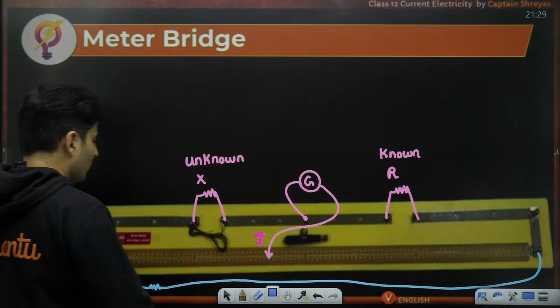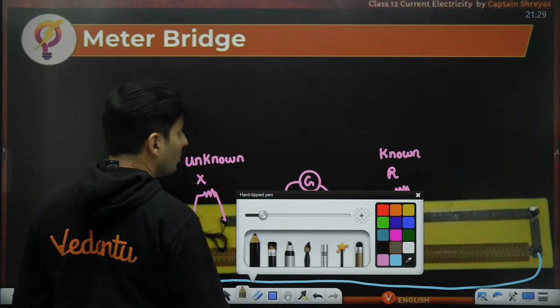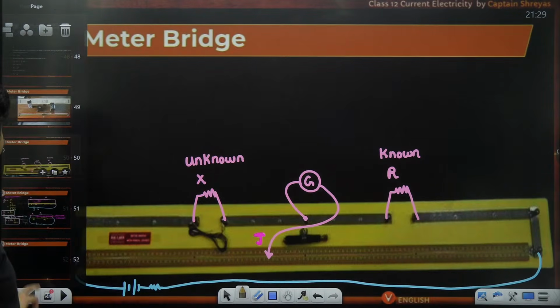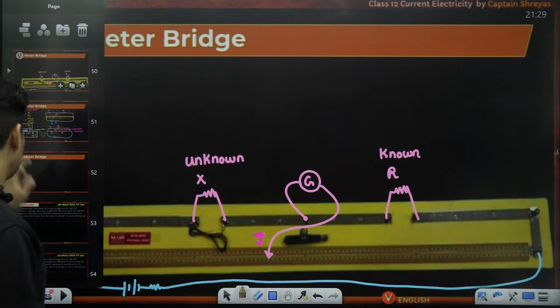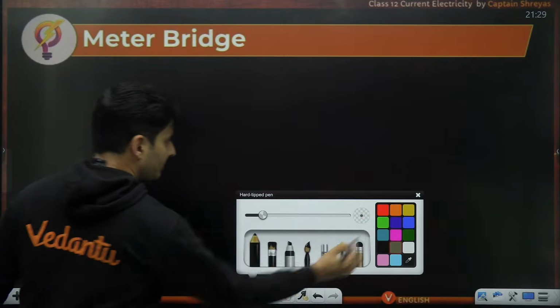Okay. So this is used to find unknown resistance. Let's see an example like this.